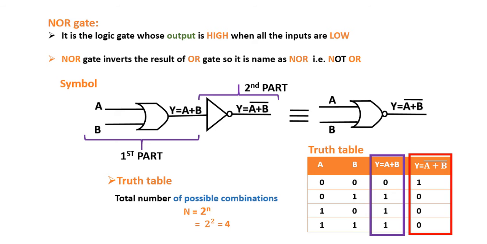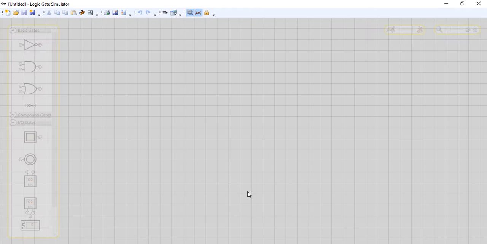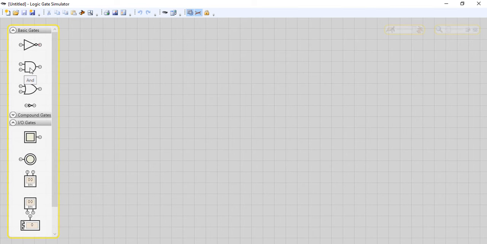Now we move towards the logic gate simulator, where we will verify that the combination of a NOT gate and OR gate actually gives the NOR gate. Here is my logic gate simulator. First of all, I need an OR gate.